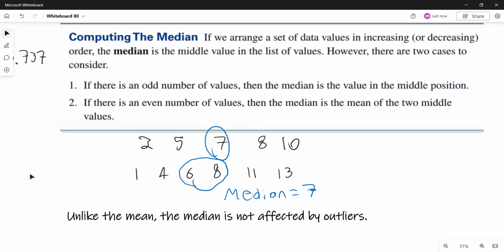So I could have another value, I could have 99, and the median is still going to be 7. It's going to significantly affect the mean, but the median is not going to change.